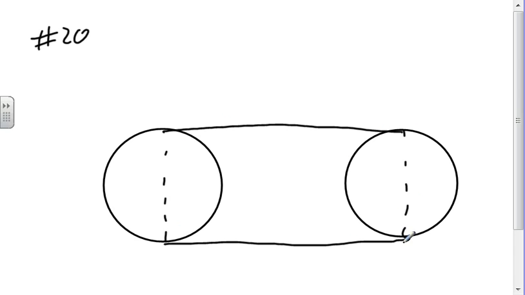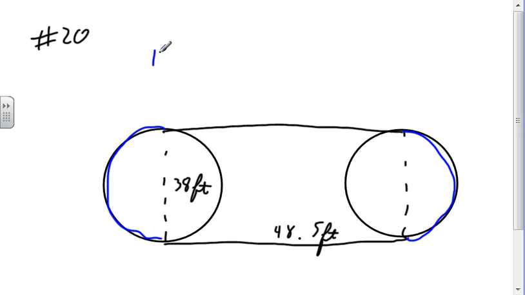Excellent. The diameter is 38 feet and the length is 48.5 feet. Because I have a half circle on this side and a half circle on that side, I have a whole circle. So I've got pi d for the circumference plus 2 times 48.5, and that'll give me the perimeter.